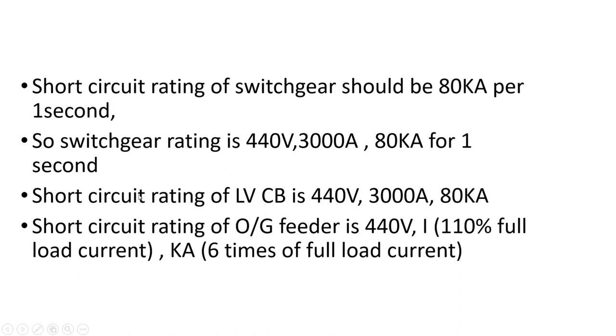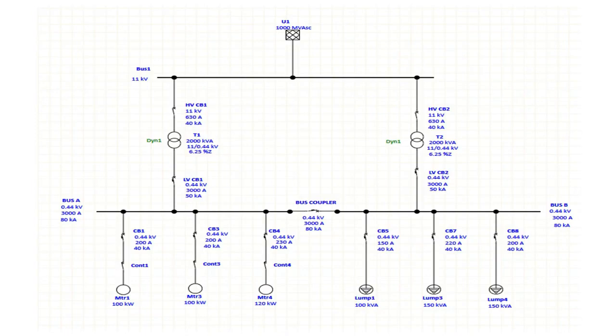Similarly, for the LV circuit breaker short circuit rating, I choose 440 volt 3000 ampere 80 kilo amperes, which is greater than the system fault current of 40 kilo amps. Similarly, for the outgoing feeder short circuit rating, I can choose 440 volt, current based on 110% of full load current, and short circuit kilo ampere 6 times the individual full load current of the connected equipment.